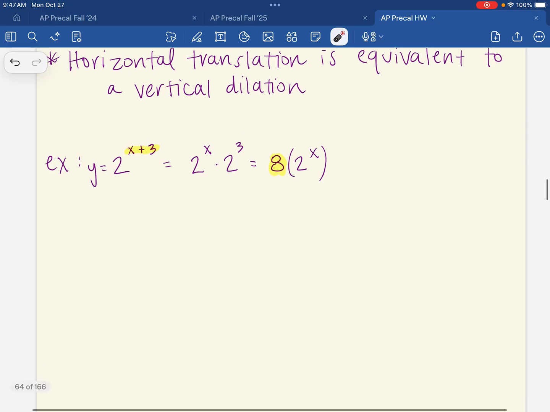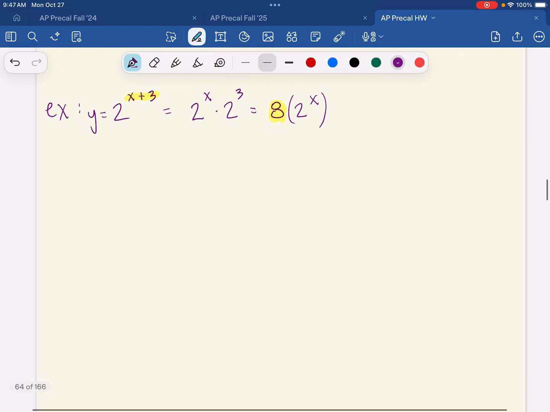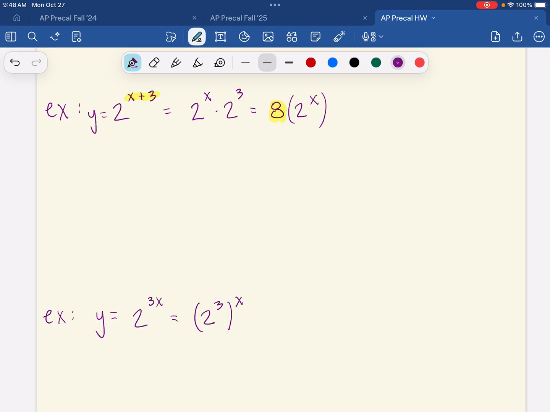would be something like, let me get an example. This time, let's have 2 to the 3x, and let's rewrite this into an equivalent form. So if we have 2 to the 3x, that's the same as saying, well, this could be 2 to the third to the x power.